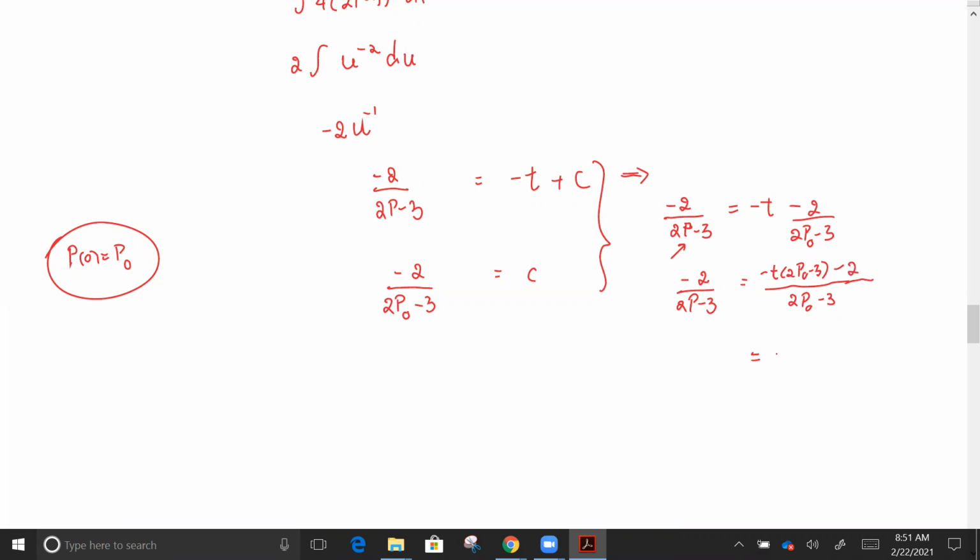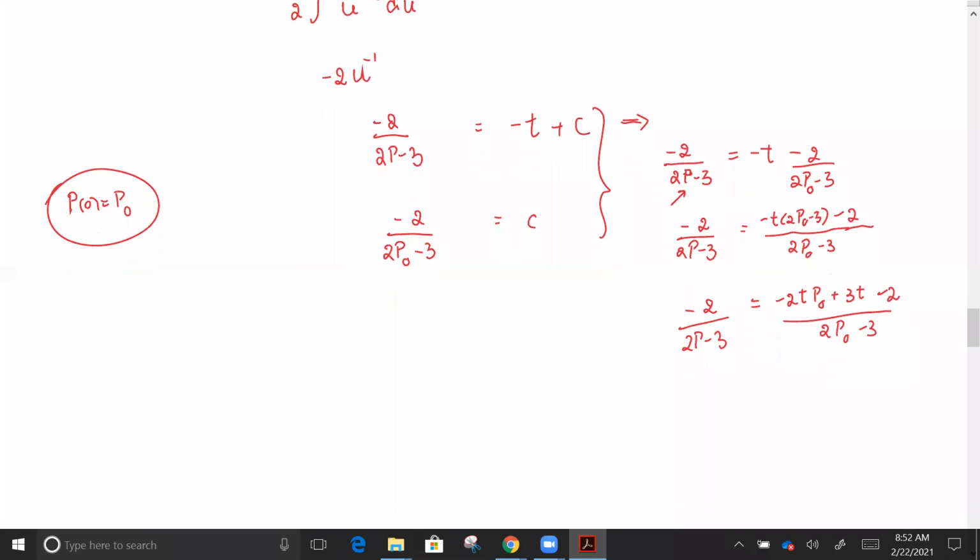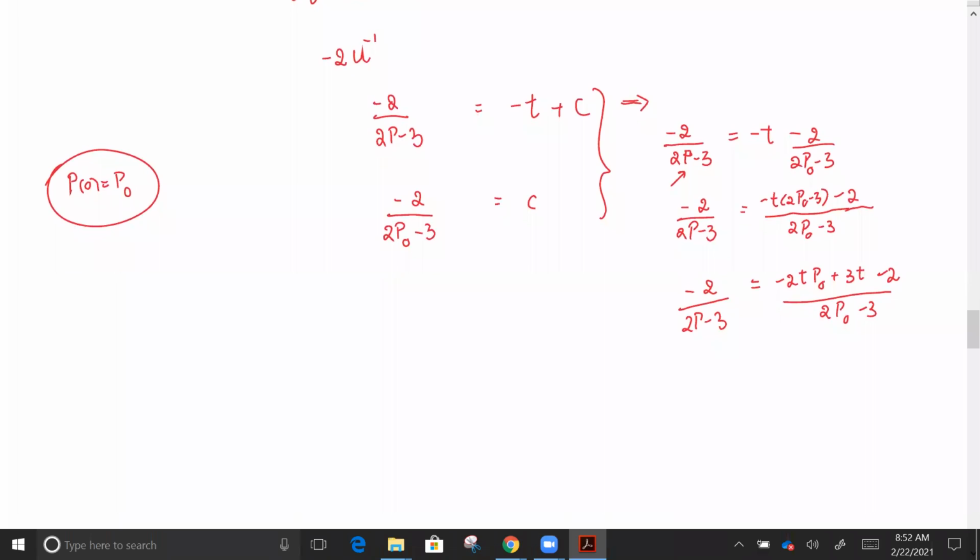So now we have negative 2tP0 plus 3t minus 2, all divided by 2P0 minus 3, where the left-hand side is negative 2 over 2P minus 3. Just be careful because P subscript 0 is some constant number that we don't have for now. Just have to leave it the way it is.